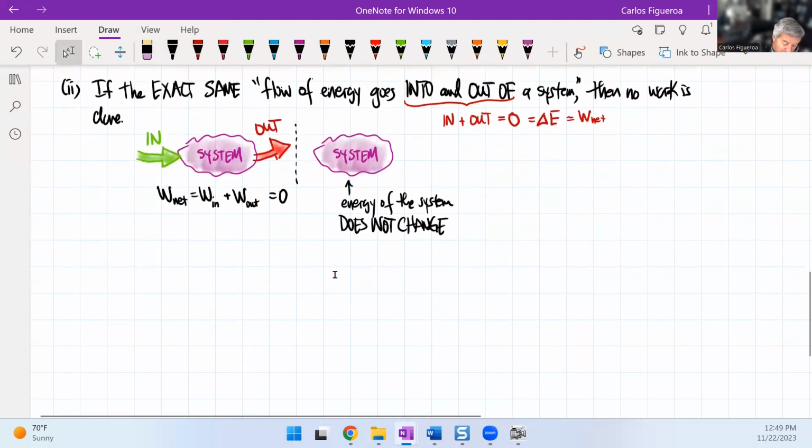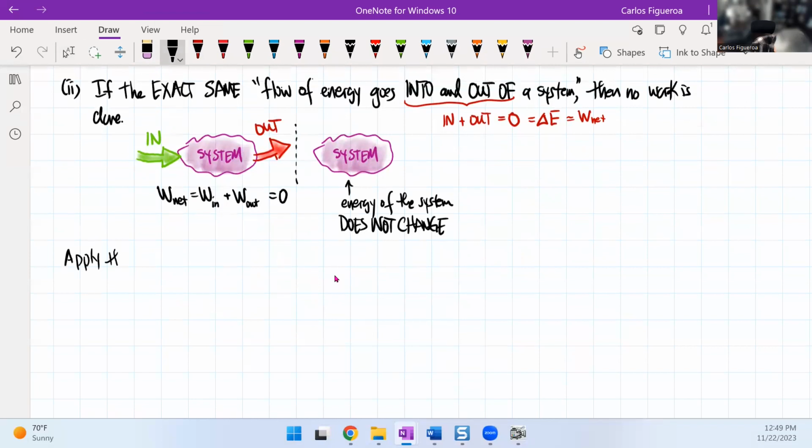So now we want to apply this thinking to a simple system.